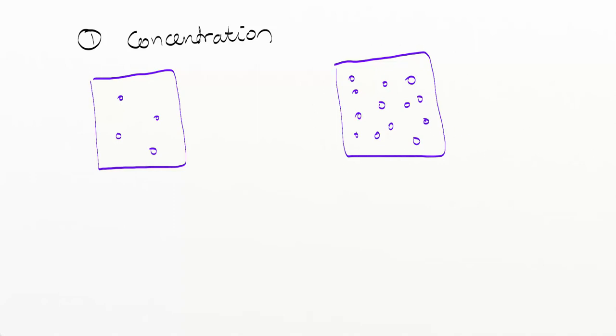The difference is that concentration means the number of particles per unit volume has increased in the higher concentration container compared to the lower one. So if we have an increase in concentration, that means there's an increase in the number of particles per unit volume.